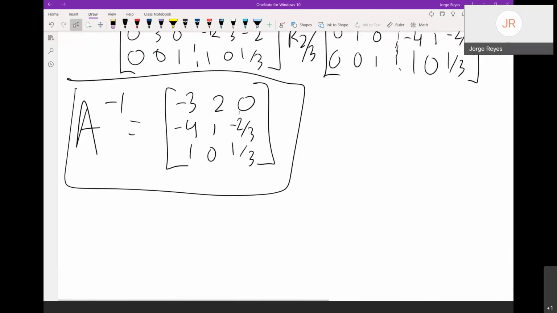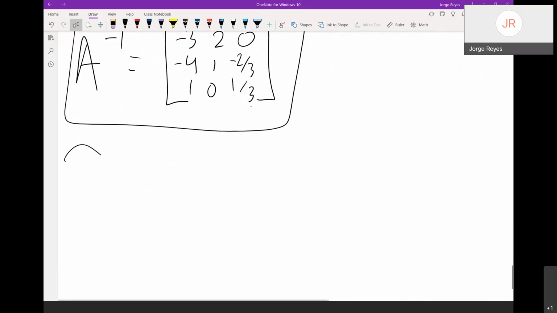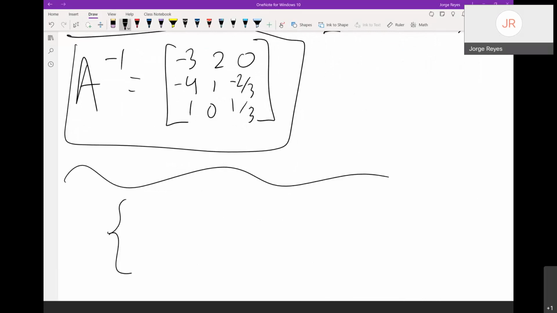All right, but now that I have this thing, okay, we can do stuff. So, if I want to solve a system, right, so let me get a system in here. Let's do it backwards.